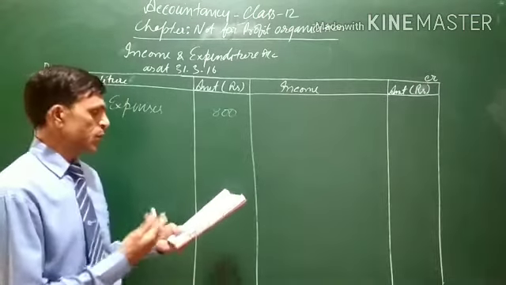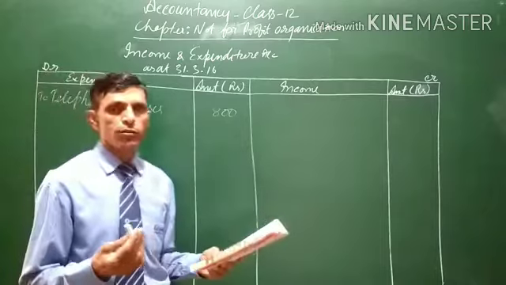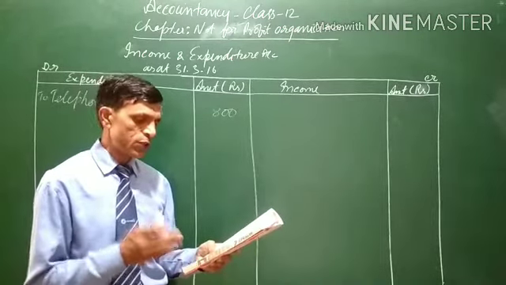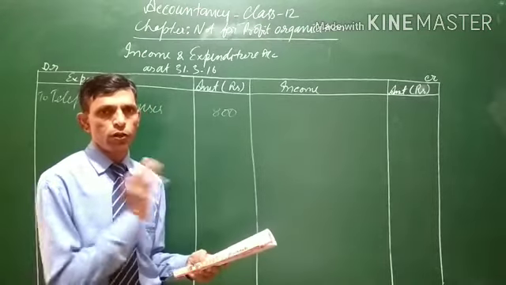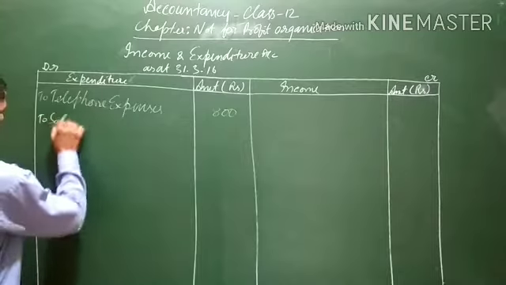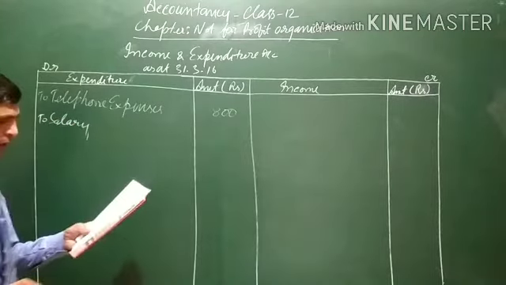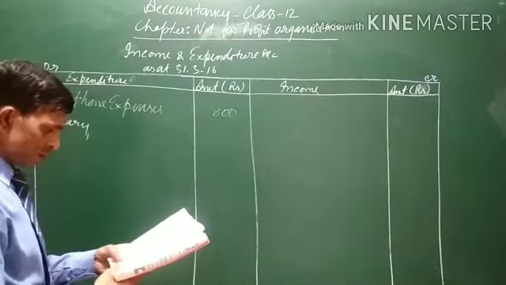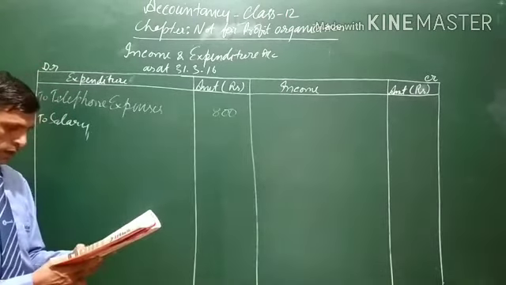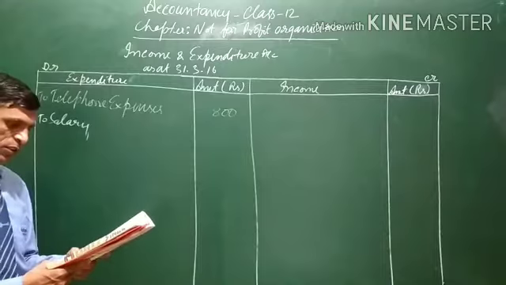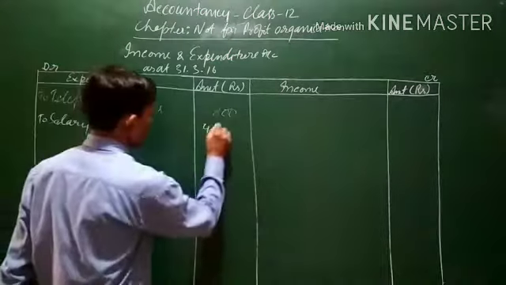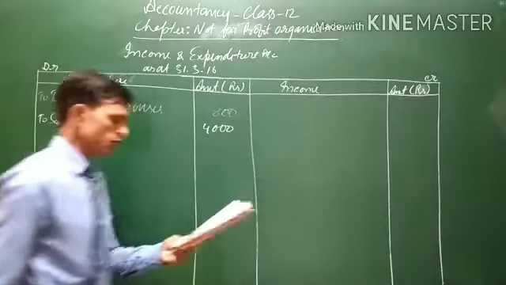Since we are preparing the account at the end of 31st March 2016, only expenses related to the year 2015-16 will be recorded in this income and expenditure account. So to salary, 4,000, and any additional information? Nothing is mentioned regarding additional information. So to salary, 4,000 is the salary expense for the current year.